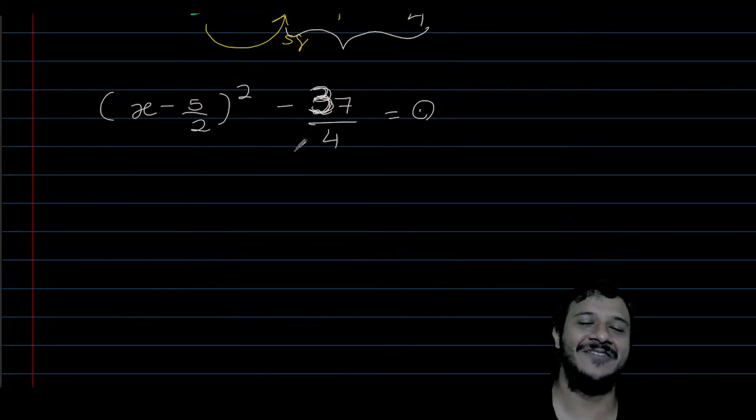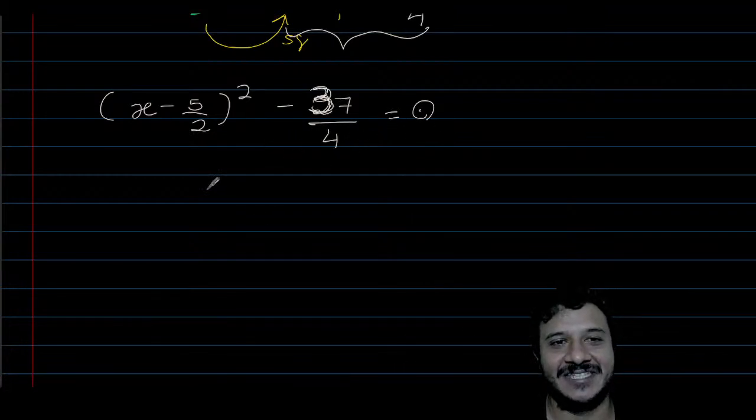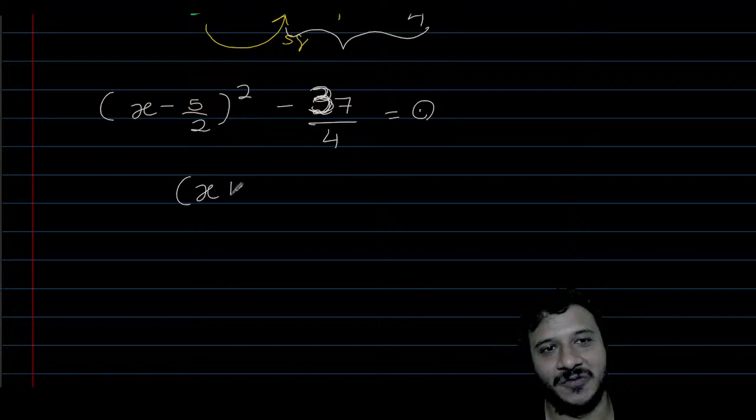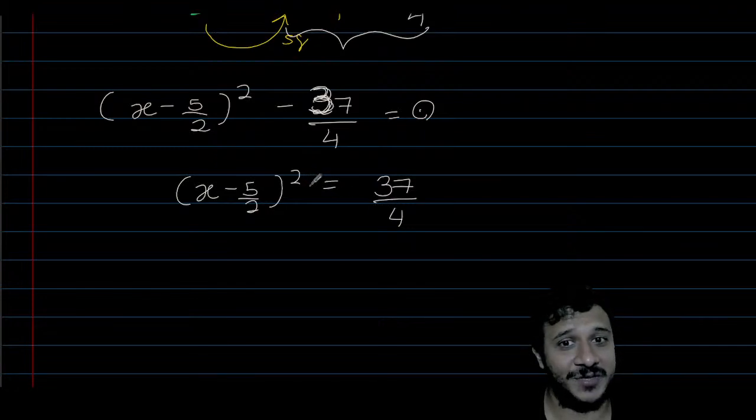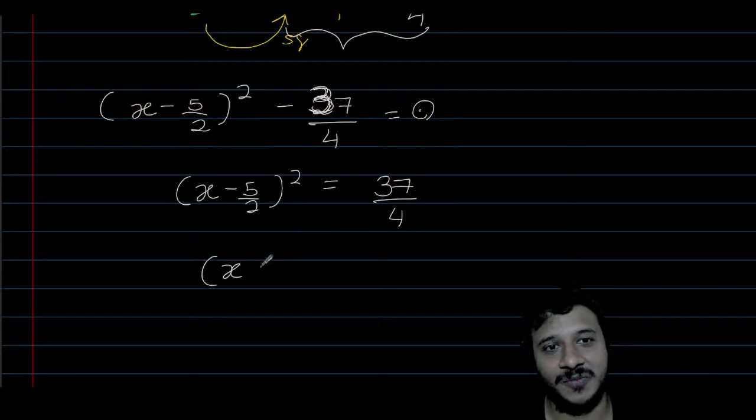Then this negative 37 over 4 will come to the other side as a positive 37 over 4. So we will get x minus 5 over 2 square is equal to positive 37 over 4. Always remember the main star point I wrote with y'all. We wrote down that square comes to the other side as a plus or minus square root. So x minus 5 over 2 would be equal to the square root of plus or minus 37 over 4.